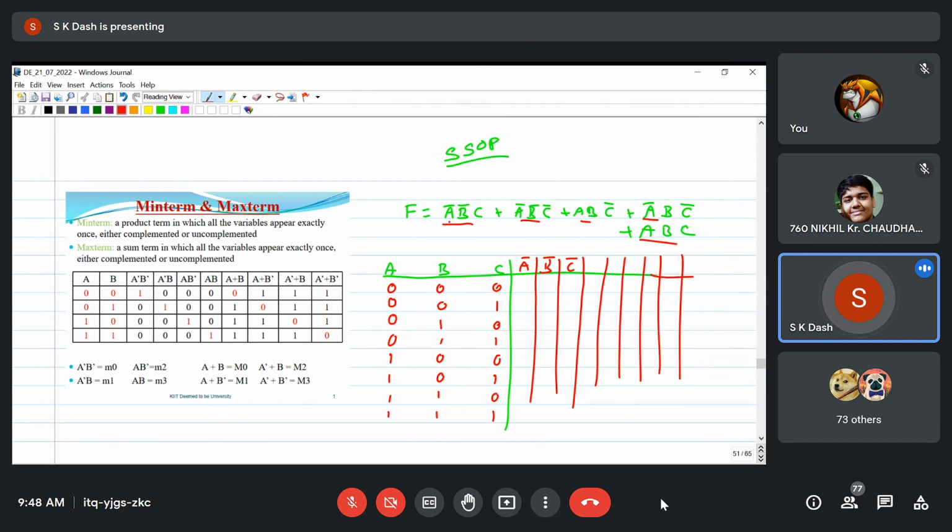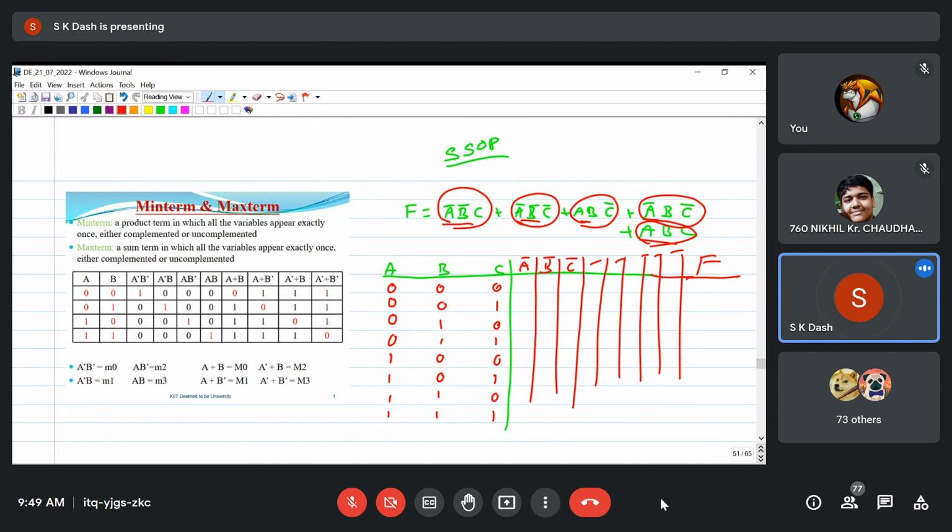For each of these terms, one will be A bar, B bar, C; one will be A bar, B bar, C bar; one will be A, B, C bar; one will be A bar, B, C bar; another will be A, B, C. Then you can write the function F. This is easier, simple Boolean expressions you can find, but it will become lengthy.